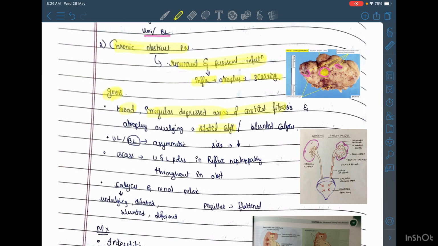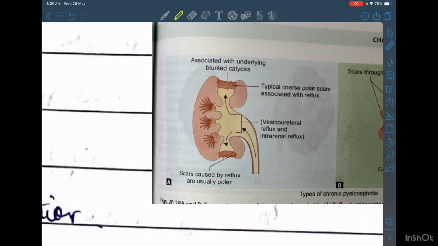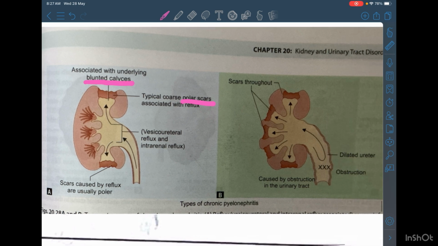Typically in reflux pyelonephritis there will be polar scars, meaning scars at the poles, associated with underlying blunted calyces. Scars caused by reflux are usually polar, associated with underlying blunted calyces.